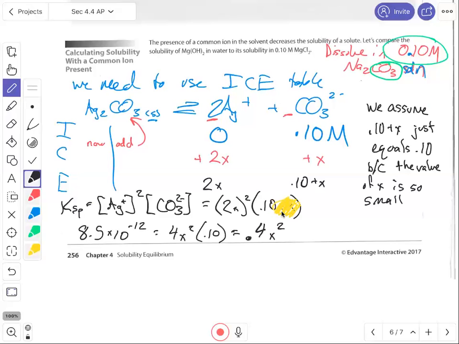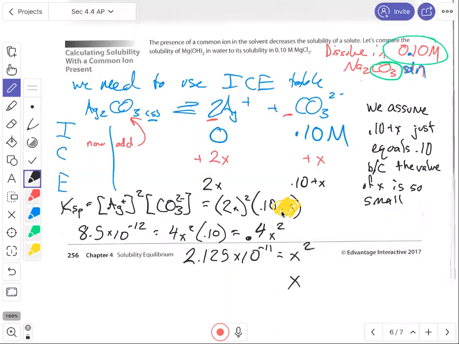So solving through the algebra, what would be the next step? Divide both sides by 0.4. So 8.5 times 10 to the negative 12 divided by 0.4 is going to give me 2.125 times 10 to the negative 11 equals x squared.